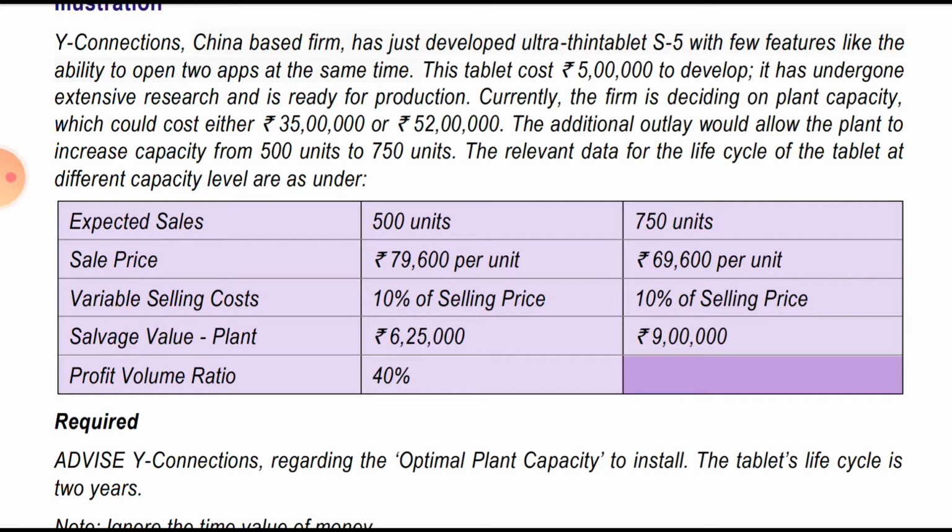What we had done is selling price minus variable manufacturing cost and variable selling cost, then deduct the cost which they have given, 3500 in the 500 column and 5200 over here, and we have to add back the salvage, 625, and over here 900. So we will arrive at the profit.